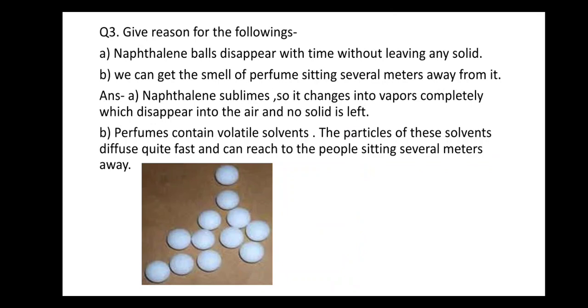So perfume contains a volatile solvent. Volatile means a substance which converts from the liquid to the vapor state easily. The particles of this solvent diffuse quite fast and can reach people sitting several meters away.